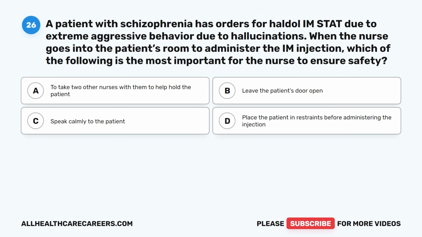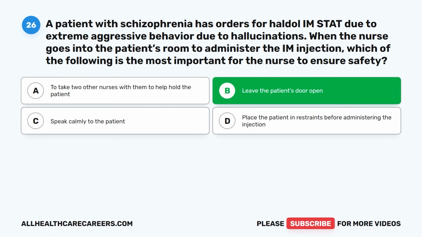Question 26. A patient with schizophrenia has orders for Haldol IM stat due to extreme aggressive behavior due to hallucinations. When the nurse goes into the patient's room to administer the IM injection, which of the following is the most important for the nurse to ensure safety? A. To take 2 other nurses with them to help hold the patient. B. Leave the patient's door open. C. Speak calmly to the patient. D. Place the patient in restraints before administering the injection.